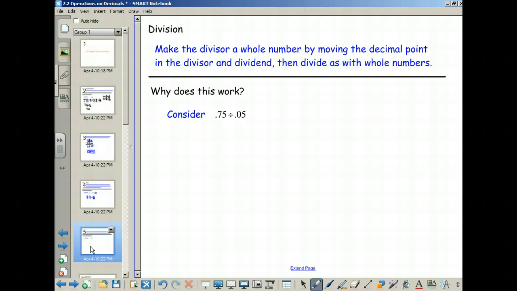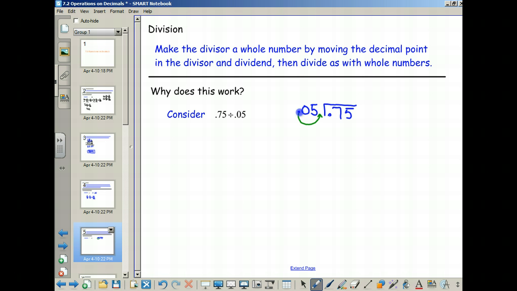So let me show you how that works in terms of what I just described. The value on the outside is what you're dividing by. The value on the inside is what you are dividing. And then what you do is you take the value on the outside and turn it into a whole number by moving the decimal point.